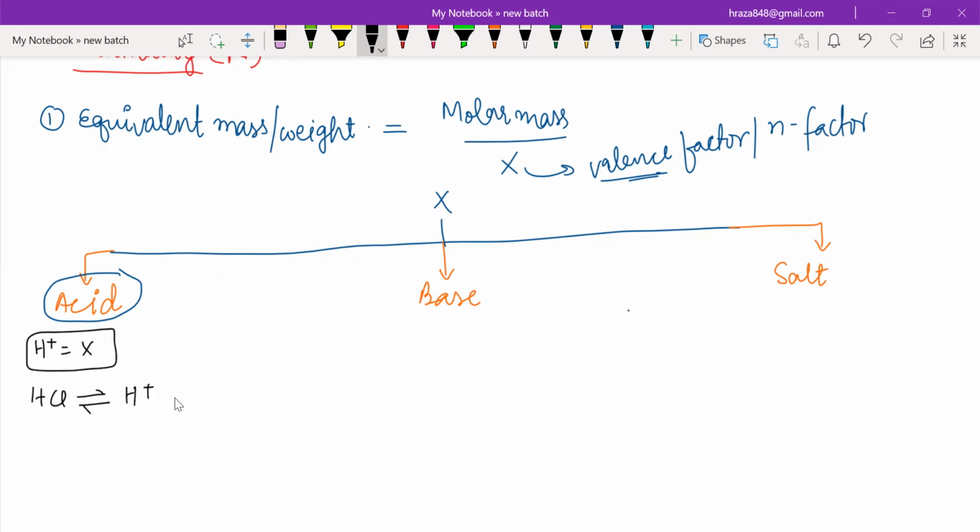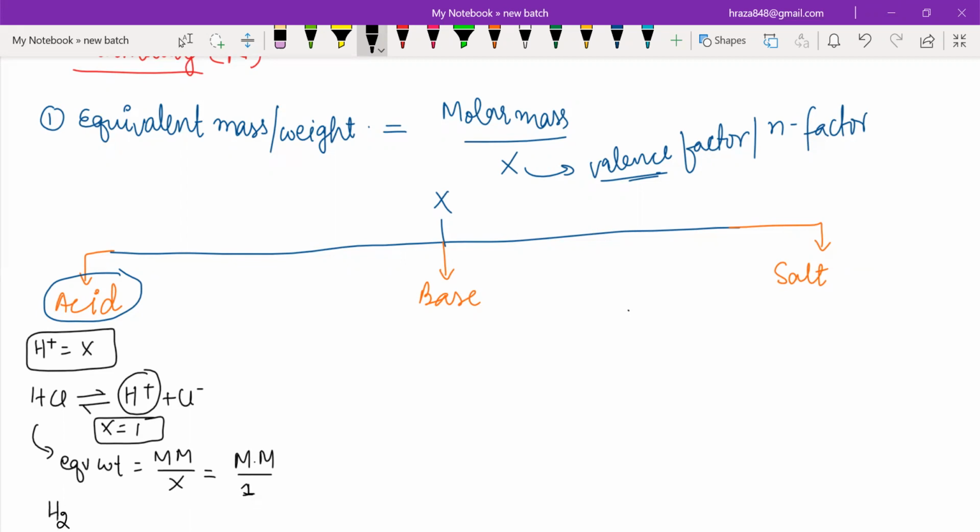Only one H plus. That means X is equal to 1. If you calculate the equivalent weight of HCl, that will be equal to molar mass of HCl upon X, and HCl has only one H plus, so X has a value 1.